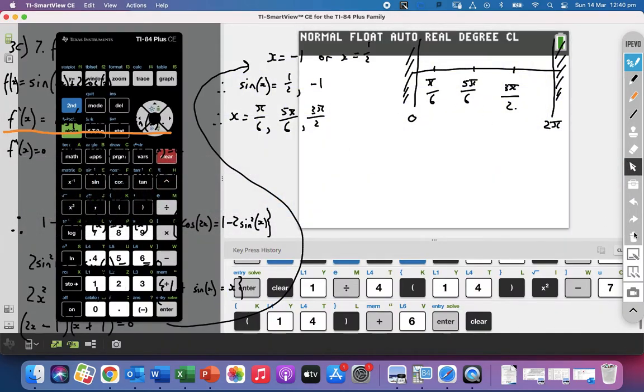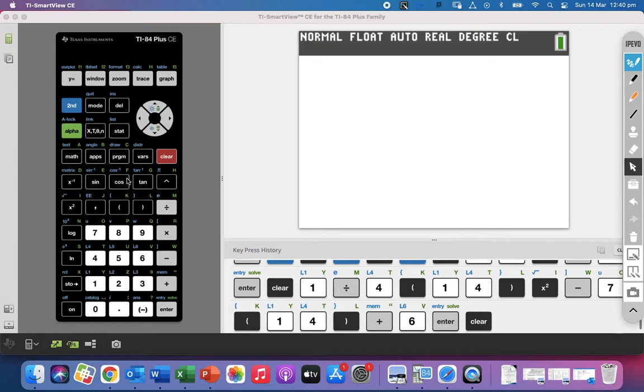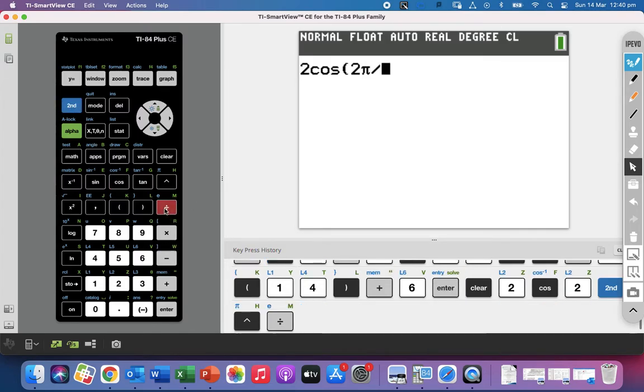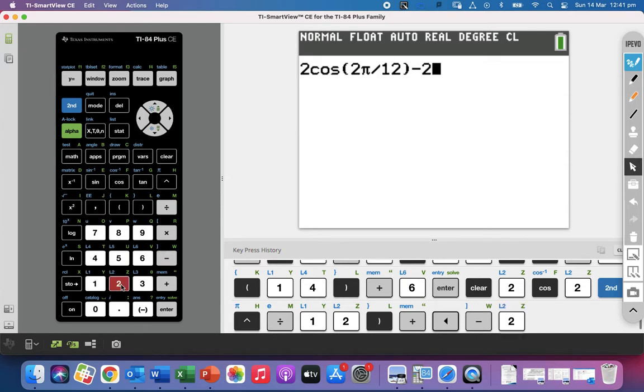Okay, 2 cos 2 times something. I think I'll put something in actually. Now, was it plus or minus? It was minus, wasn't it? Minus 2 sine x.